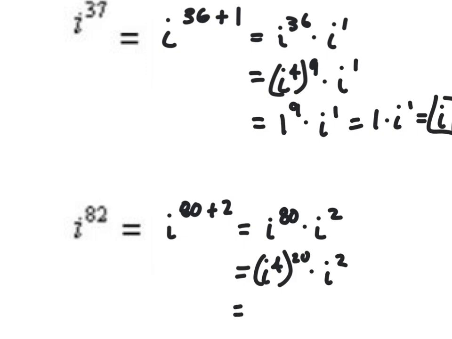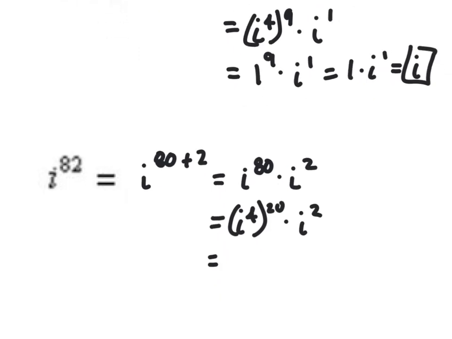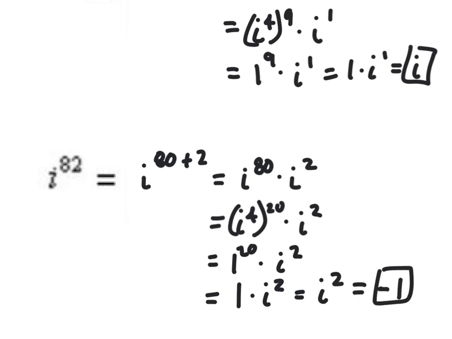I know i to the fourth is just 1, so 1 to the 20th power times i squared. 1 to the 20th is just 1, times i squared, which is going to give me a value of -1, because i squared is equal to -1. So i to the 82nd power is equal to negative 1.